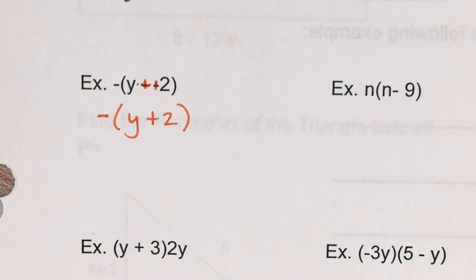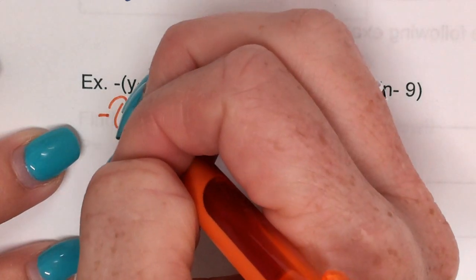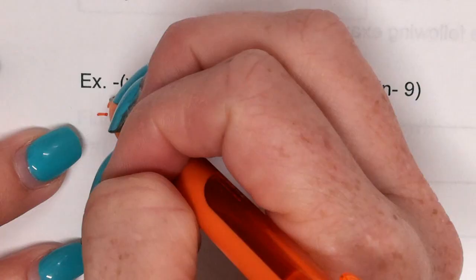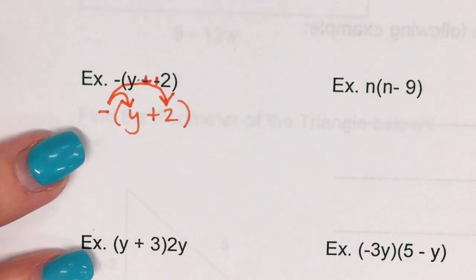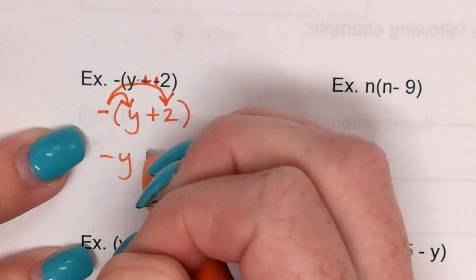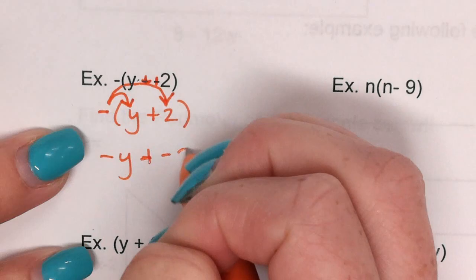Now I can go distribute the negative sign. Okay, so the negative is going to go to the y, and the negative is going to go to the 2. So I have negative y plus negative 2.